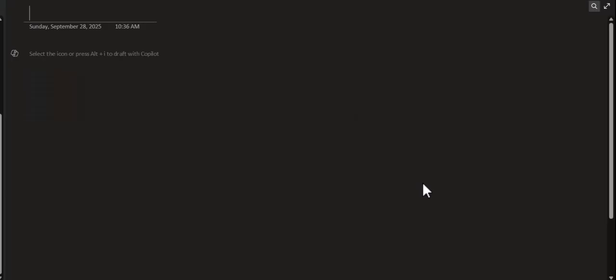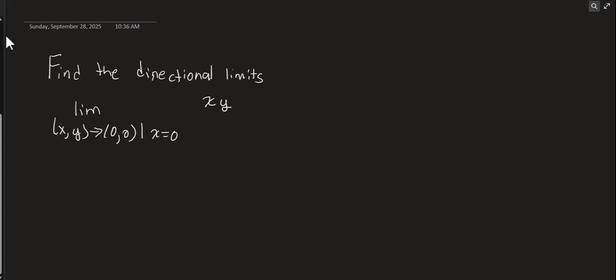Okay, so let's continue with limits. So let's say I want to find the directional limits. The limit as xy approaches 0, 0, given that x equals 0, that's the y-axis, of xy over x squared plus y squared.